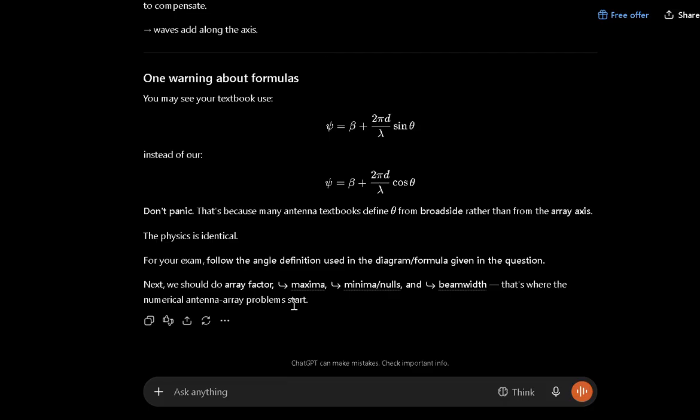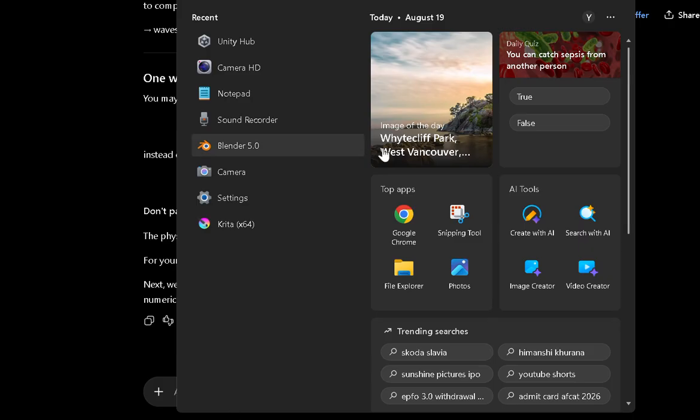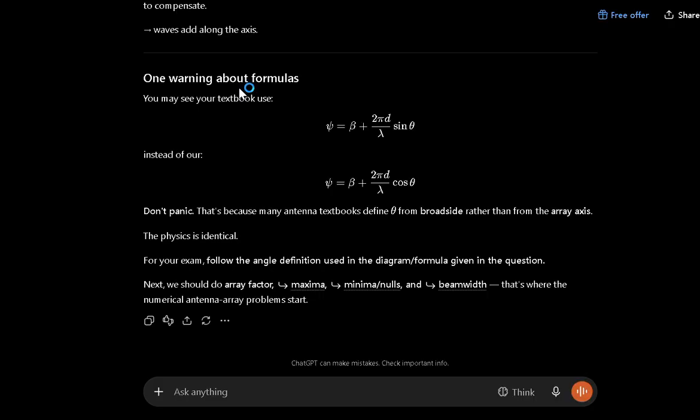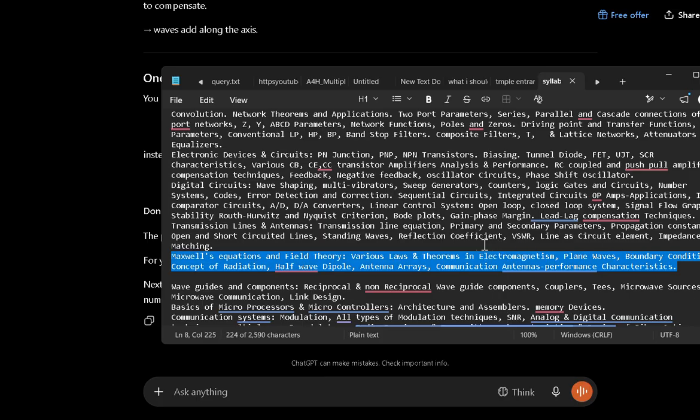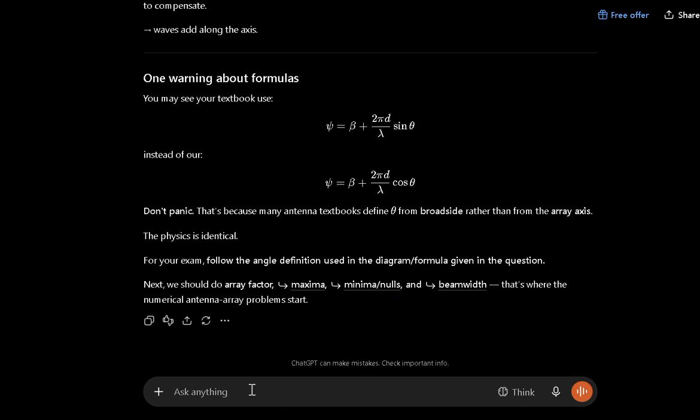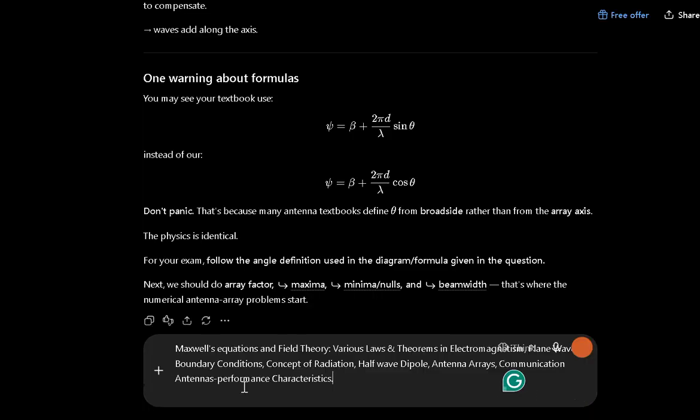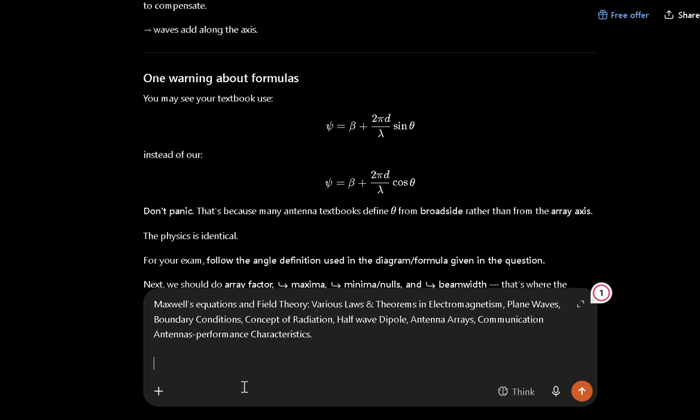We should do array factor maximum and minimum. Is it in the syllabus? I understood it was going away.